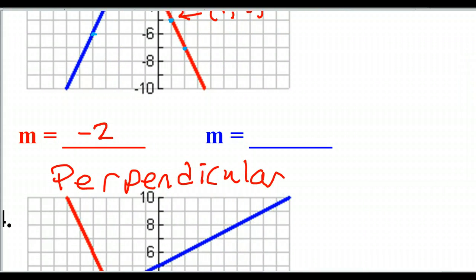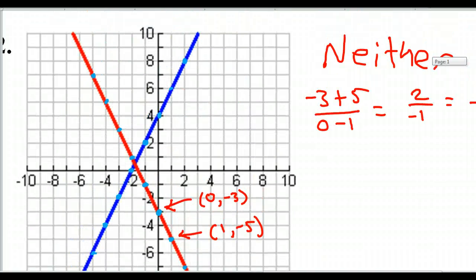Now the slope for the blue line. Say if I were going to do this the visual way, instead of picking 2 points. This one would have been down 2, right 1, -2 over +1.